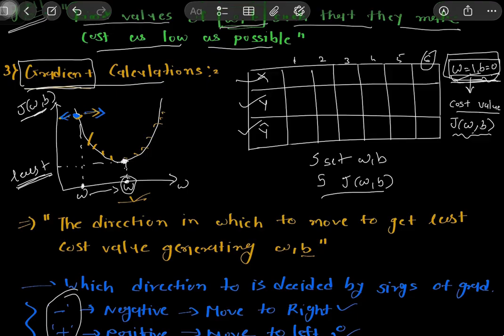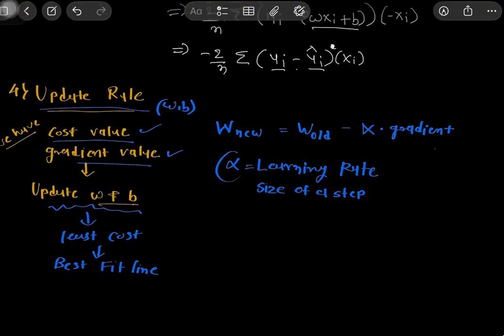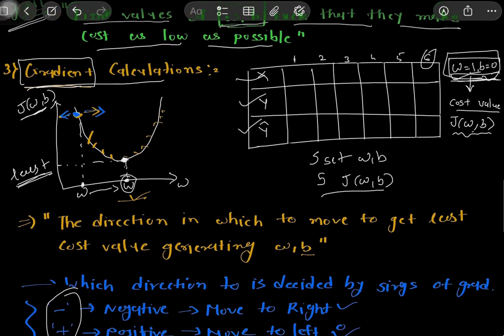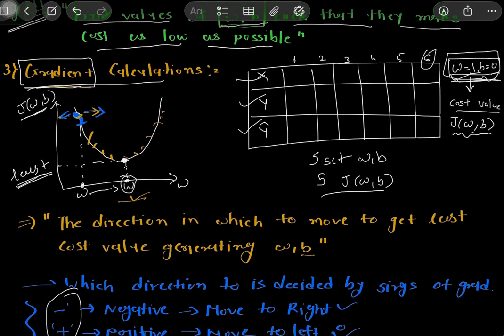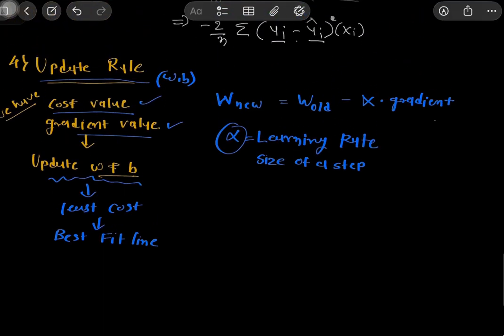But how much to go to right or how much to go to left, that value we will get from our learning rate. Learning rate is nothing but a fixed static value. So you can consider it as the size of this step. It says how many steps to take in what direction. How many steps is our learning rate and which direction is our gradient. Based on that, we update our old W and then we get our new W.